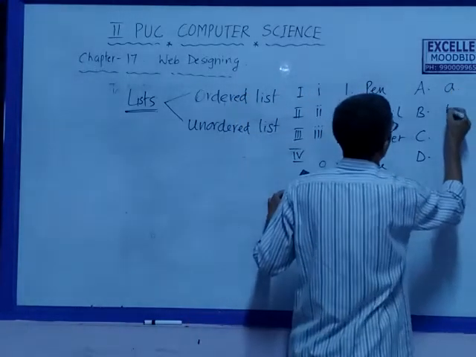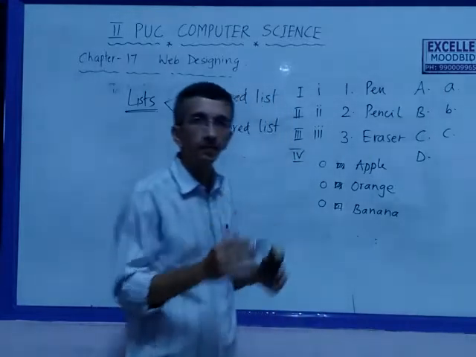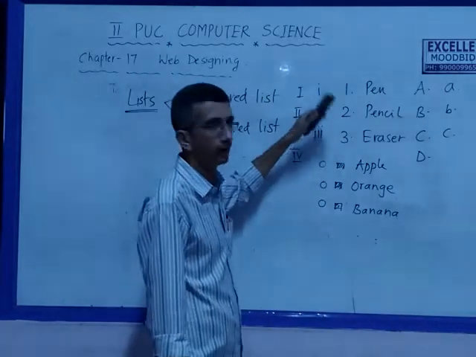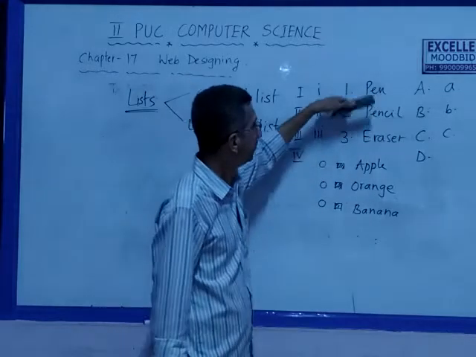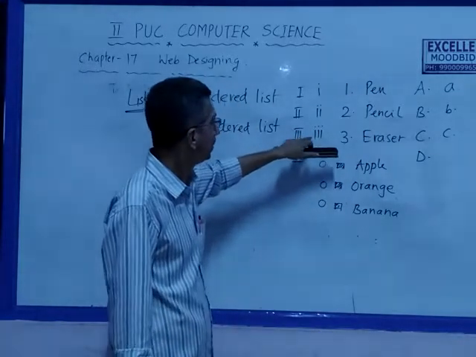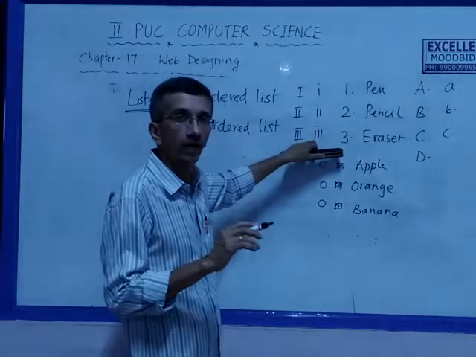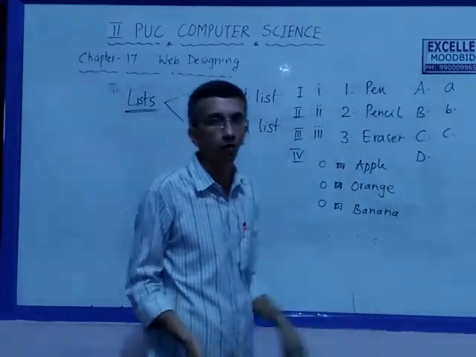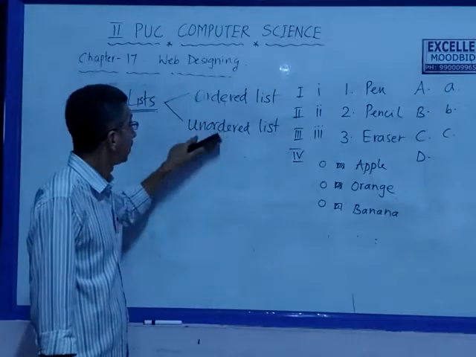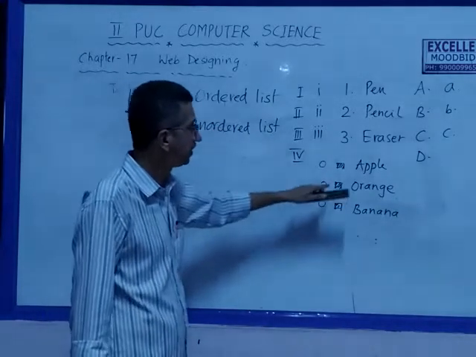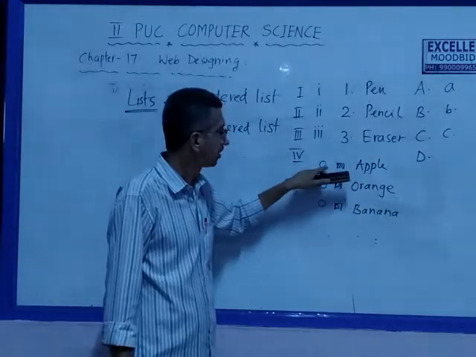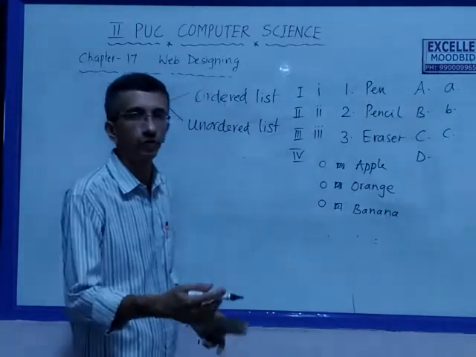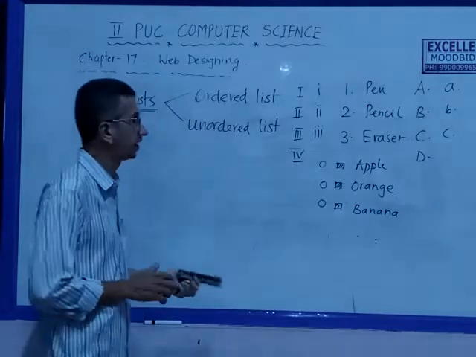So this numbered or ordered list can come in 5 varieties: either basic numbers or Roman numbers, lower and upper both, and alphabets, both uppercase and lowercase. The unordered list can be basically of 3 types: solid circle, a circle and a square. So how to create this we shall see now.